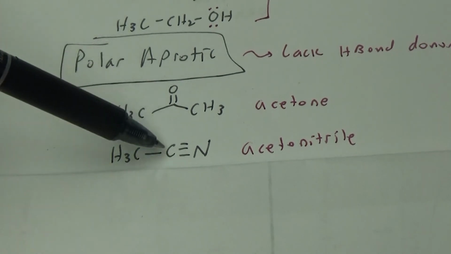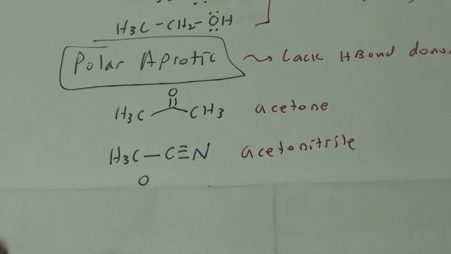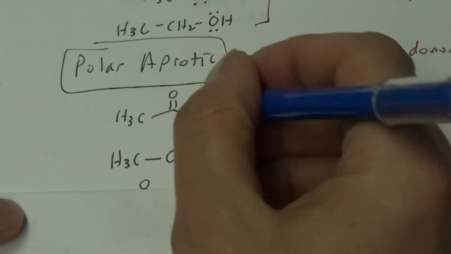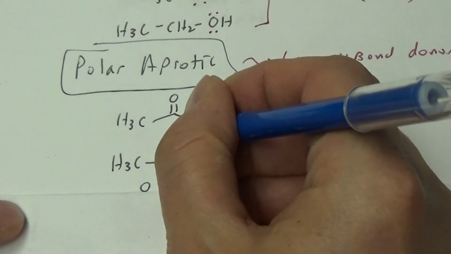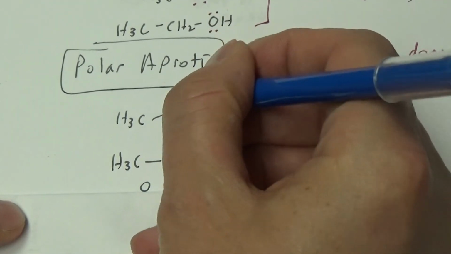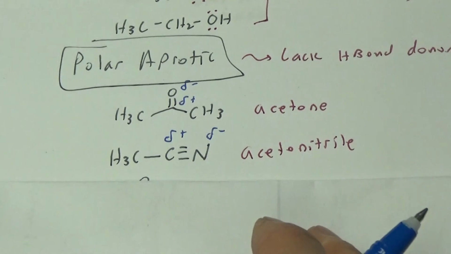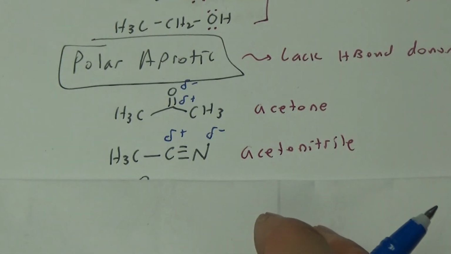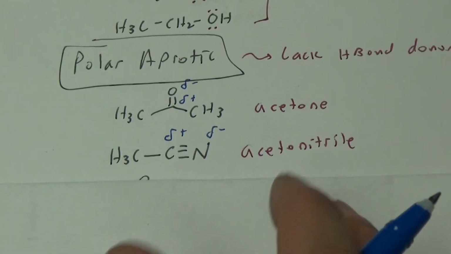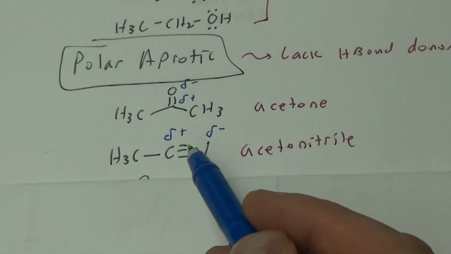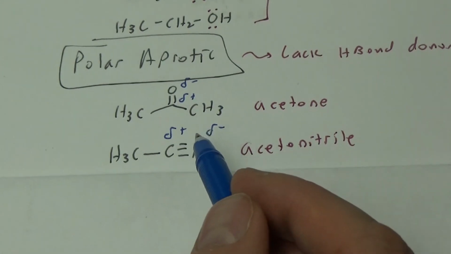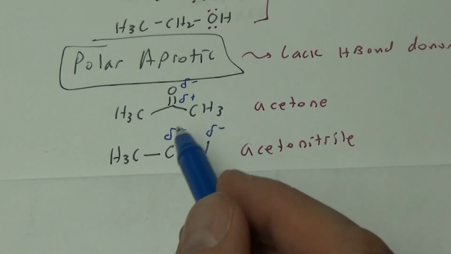Acetonitrile has a nitrile functional group. Of course, that has a delta minus and delta plus, so it's very polar. So they are polar functional groups and polar solvents. The fact that these are delta negative, delta plus will dictate the reactivity of these.